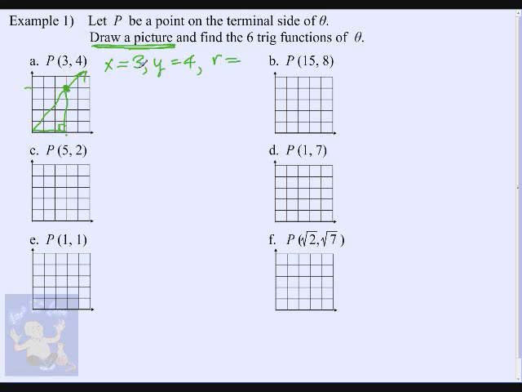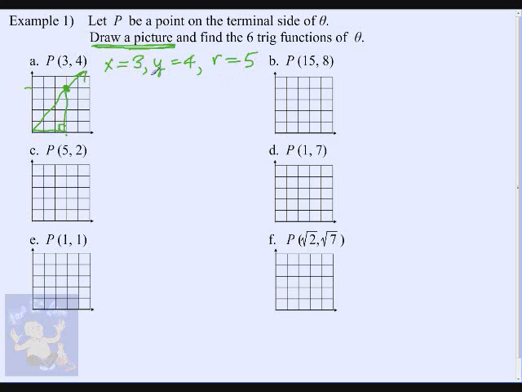I say 3 squared, which is 9, plus 4 squared, 16. Add them together. 9 plus 16 gives me 25. And I take the square root of that. Now, many of you are already familiar with this. You would know immediately. This is a 3, 4, 5 triangle.